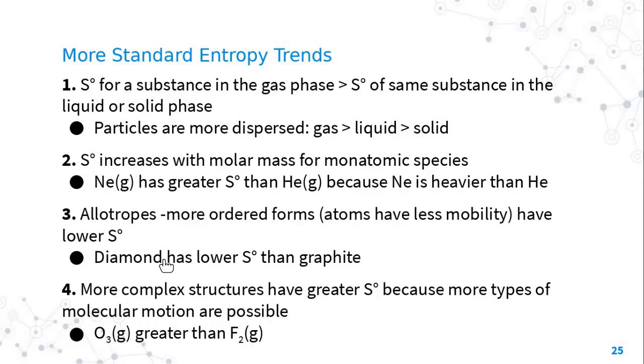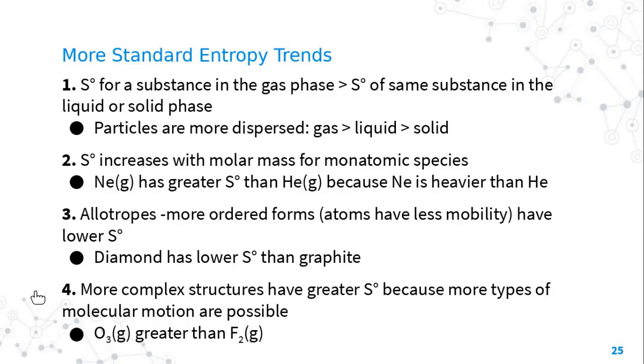And so it's going to have a lower standard entropy than graphite, which used to be used in pencils. Everybody knows graphite. But allotropes basically just means the same elements and atoms being used to make two different things. So diamond and graphite would be called allotropes, but within the allotropes, diamond has a lower standard entropy than graphite.